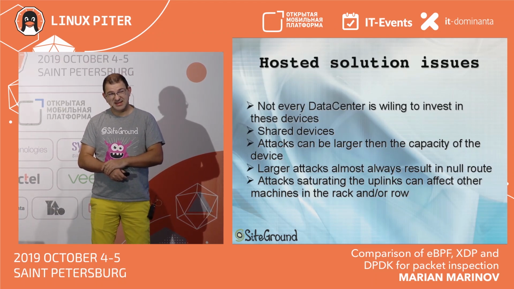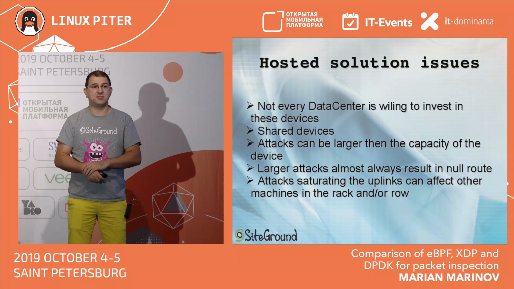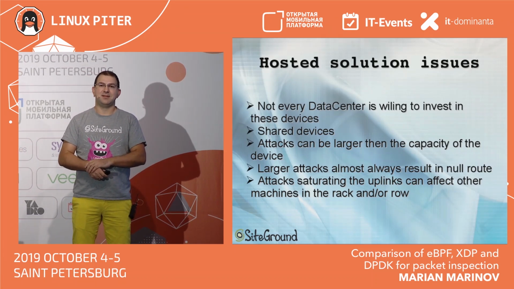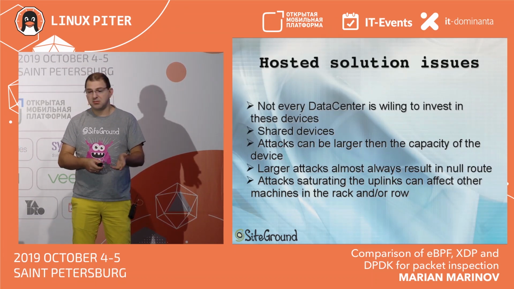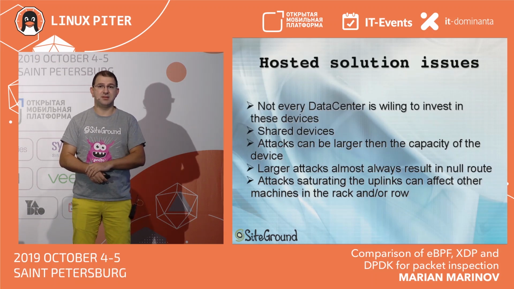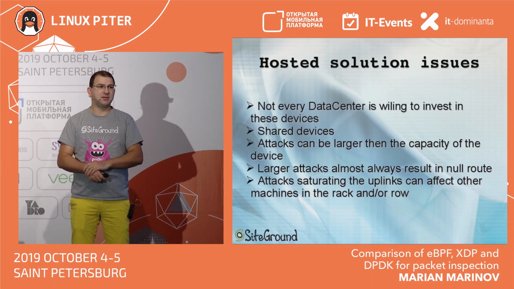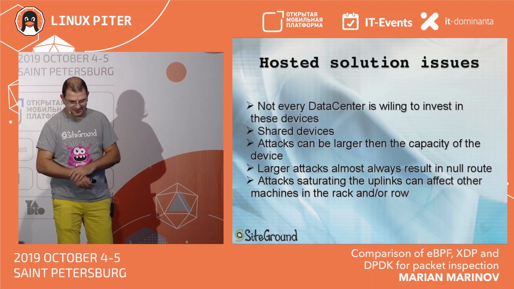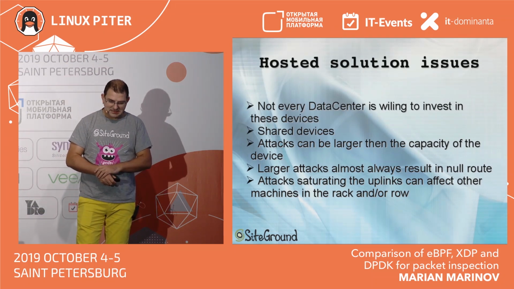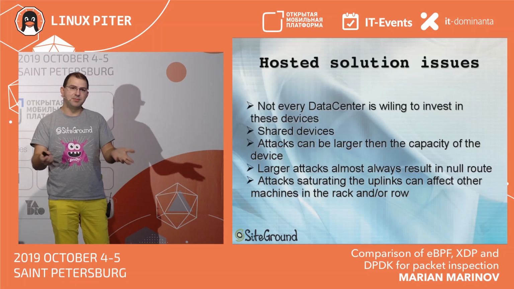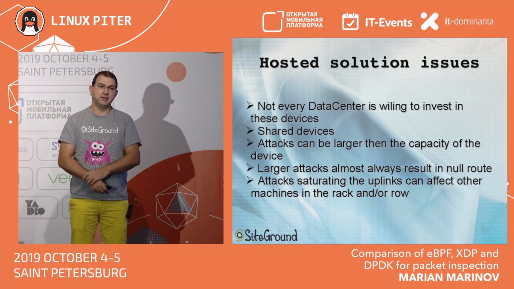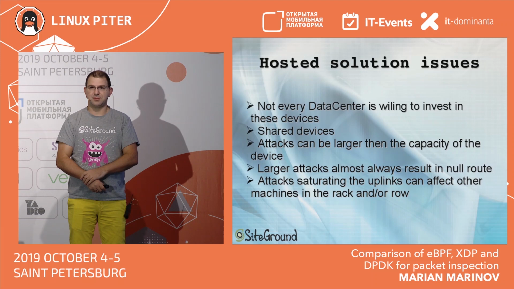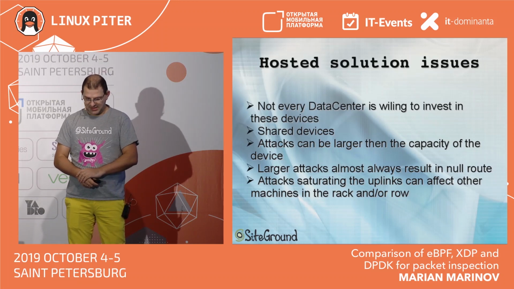And the problem is that these devices are not 100 gigabits, most of them. They're multiples of 10 up to 40 or 50 gigabits, but 100 gigabit is extremely rare, even in very expensive data centers. So if the attack is larger than the capacity of this device, what happens is that the attack results in null routing the attacked IP. Again, service disruption for the customers.